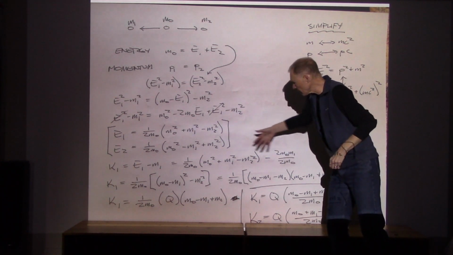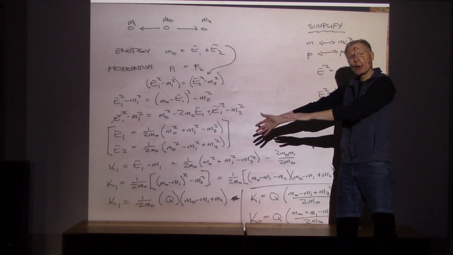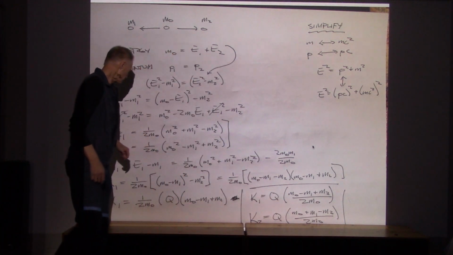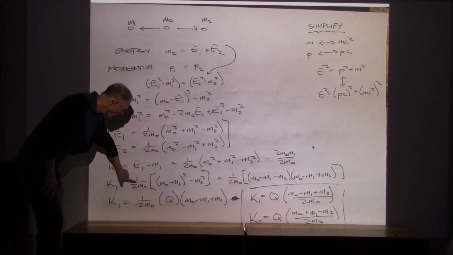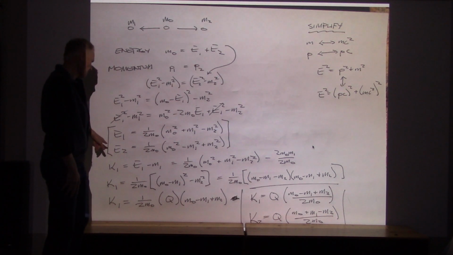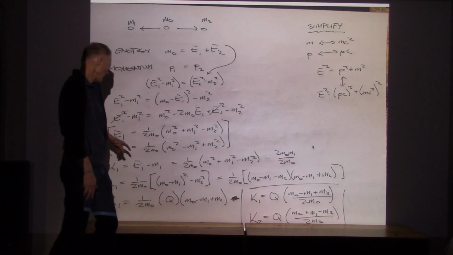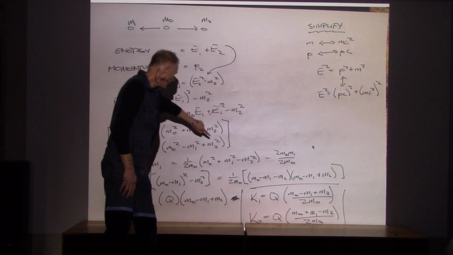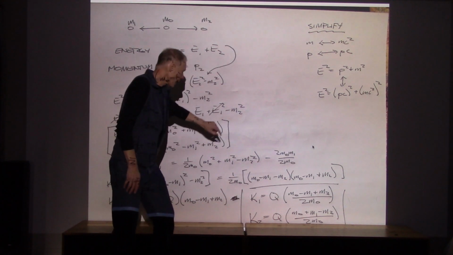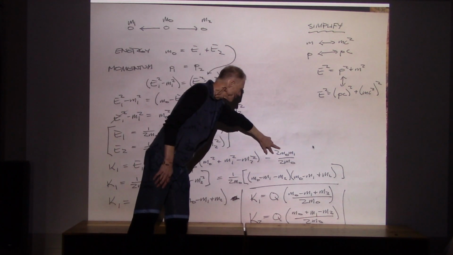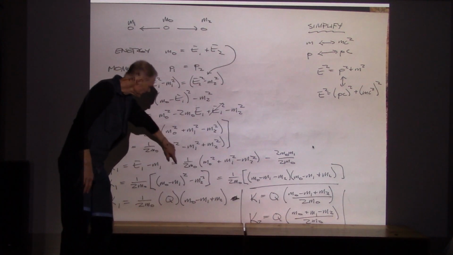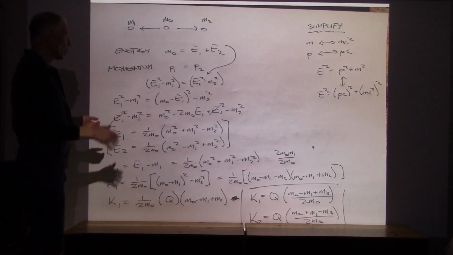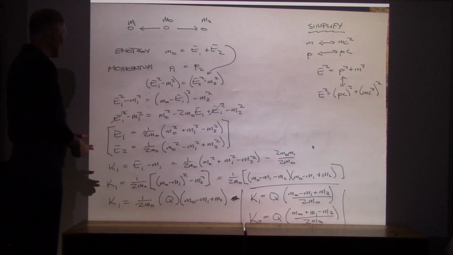So I can factor the 1 over 2 m naught out, giving a kinetic energy formula of 1 over 2 m naught times m naught squared plus m1 squared minus 2 m naught m1. Well, that factors into the square of m naught minus m1. So I've combined terms in my factoring.